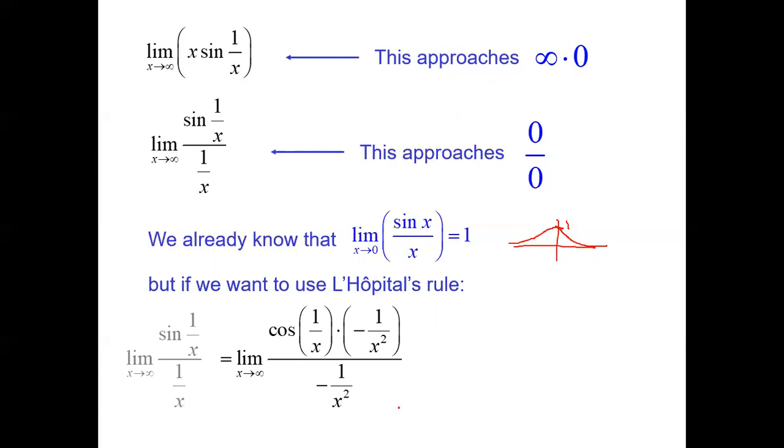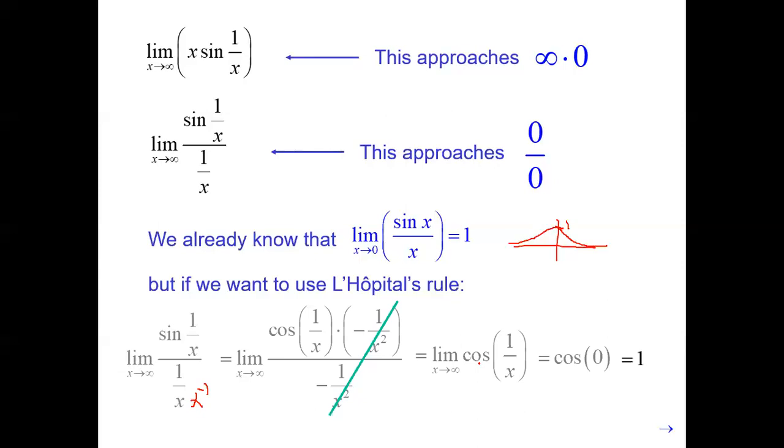And in the denominator, derivative of 1 over x, the way we do that is we rewrite it as x to the negative first, and then we just use a simple power rule on it. Once I get this expression, those two cancel out, and I get this. And again, 1 divided by infinity, 1 divided by something really big approaches something really small like 0, and the cosine of 0 is 1. So I get 1.